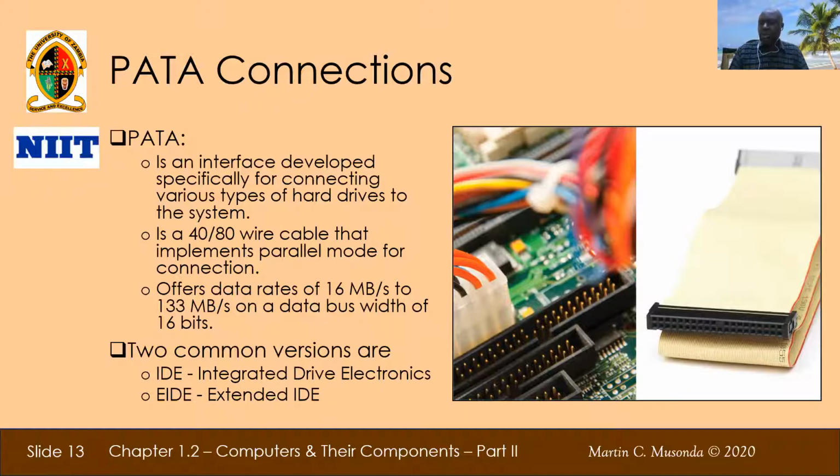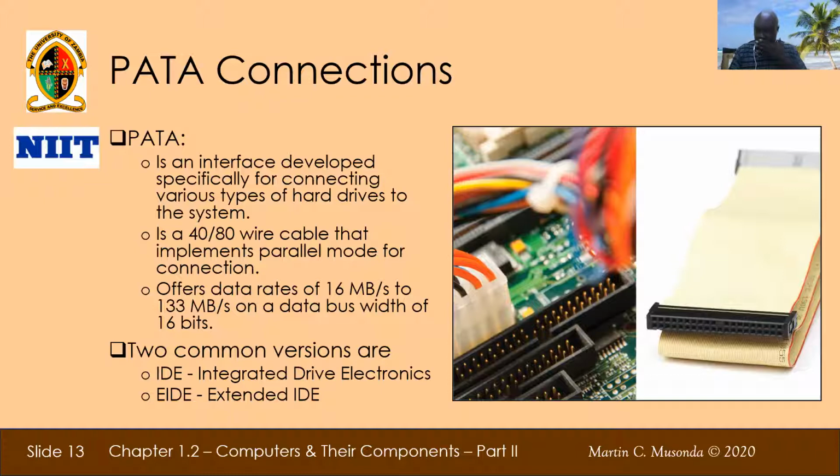Now, to make sure that the 2 hard drives, or hard drive and a CD-ROM drive or optical drive, connected to the 1 ribbon are able to work without interfering with each other, one was designated as the master drive, and the other one was the slave drive.